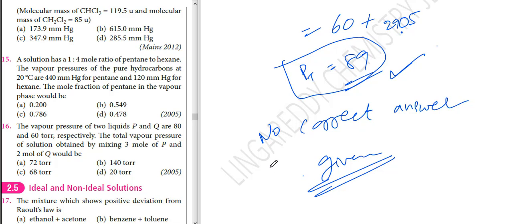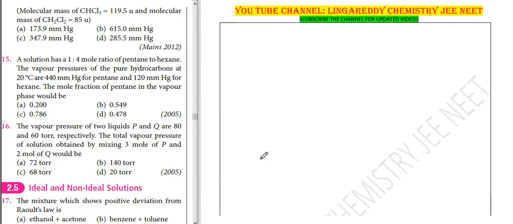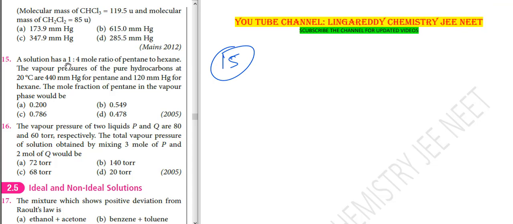Next, 15th question. Two more questions are there. A solution has a 1:4 mole ratio of pentane to hexane. The vapor pressures of the pure hydrocarbons at 20 degrees Celsius are 440 mmHg for pentane and 120 for hexane.